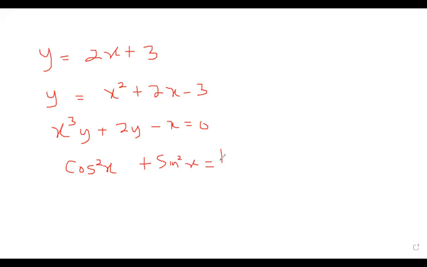So these are all equations or functions we have met along the line of our study. And clearly you would admit that they are all in different forms. They are different types of functions.